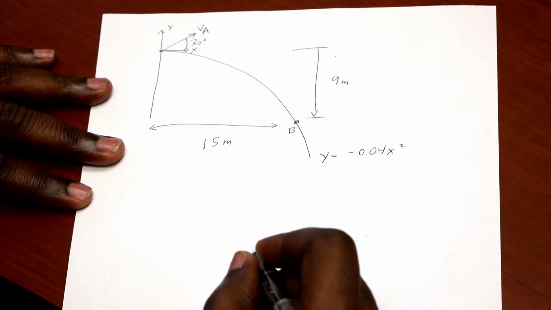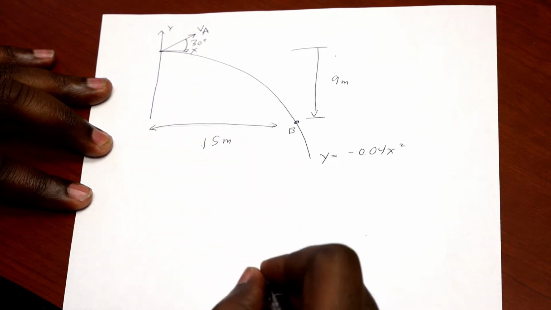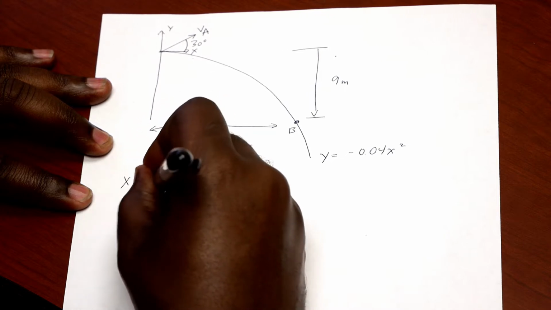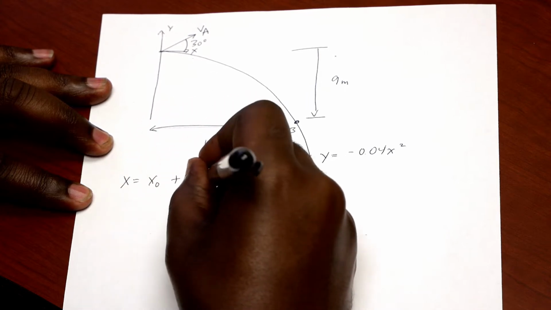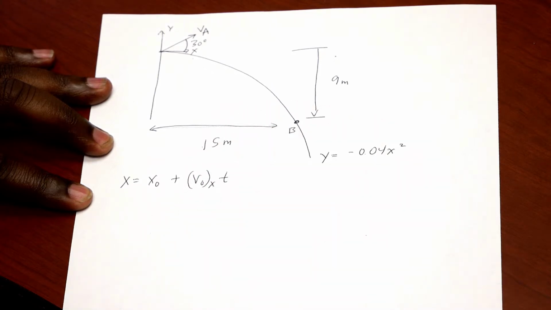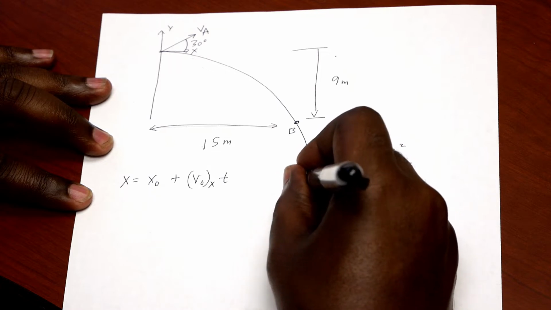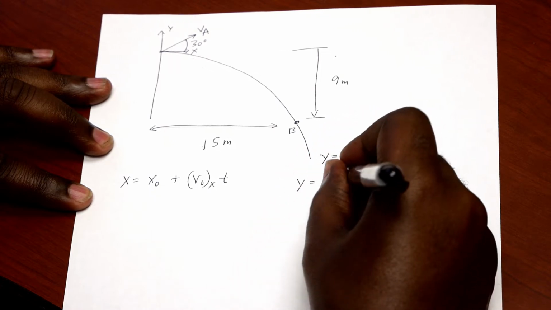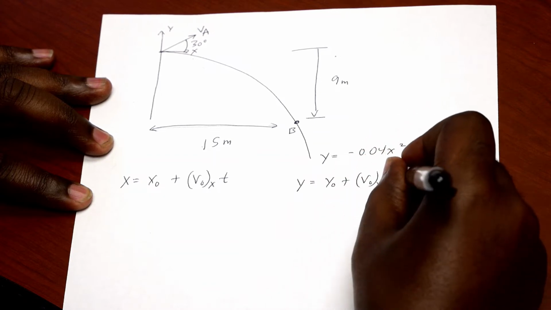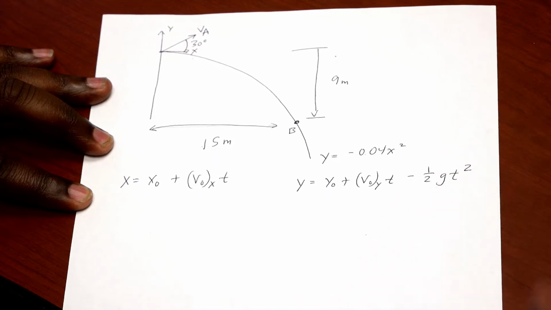So the first thing we'll do is set up our equations of motion. In the X direction, we'll start with x equals x naught plus v naught in the x direction times t. And in the Y direction, we'll have a similar equation, which is y equals y naught plus v naught in the y direction times t minus 1/2 g t squared.